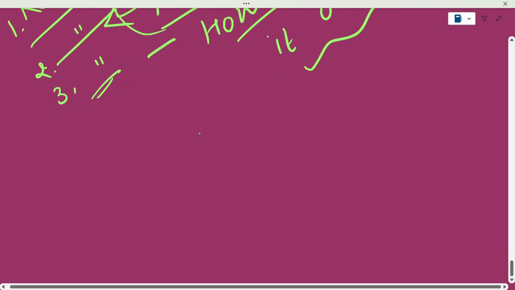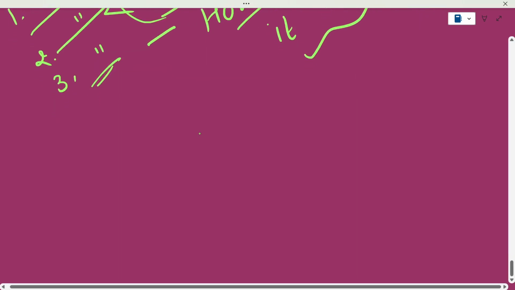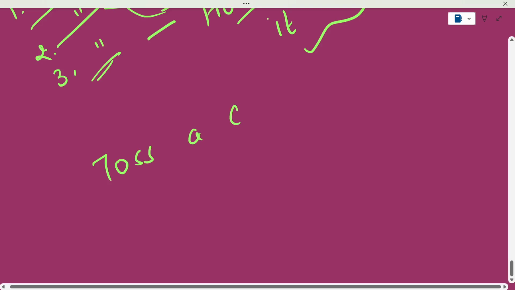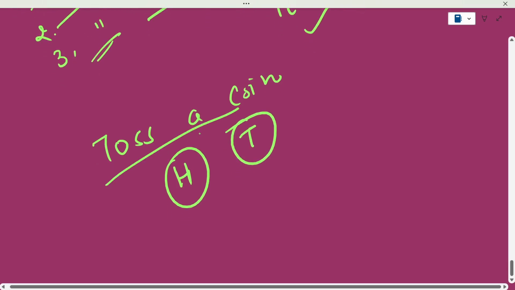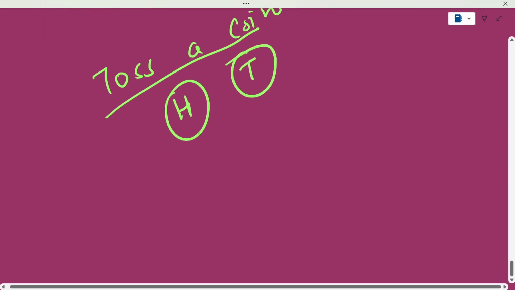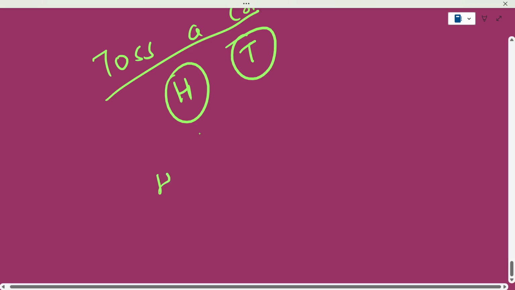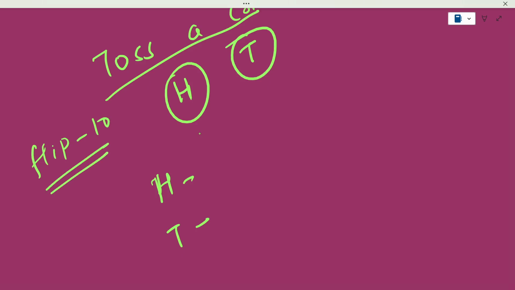So let's say we toss a coin in which the front side is head, the opposite side is tail, and when you toss a coin, there are different frequencies of how many times head and tail appear. Let's say I flip the coin 10 times, out of which head appears 7 times and tail appeared 3 times.